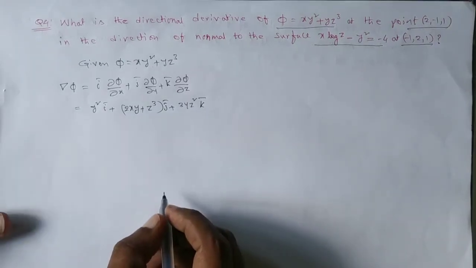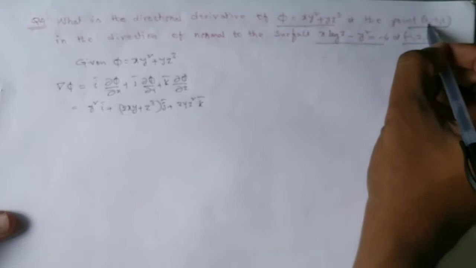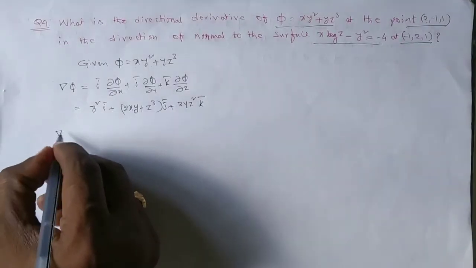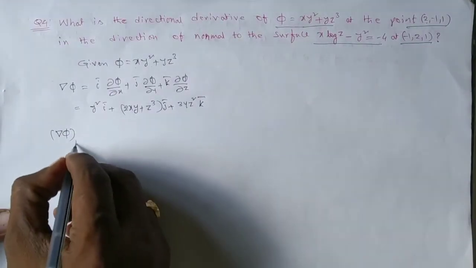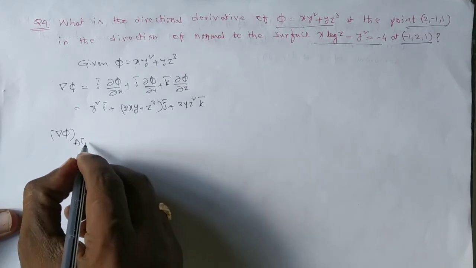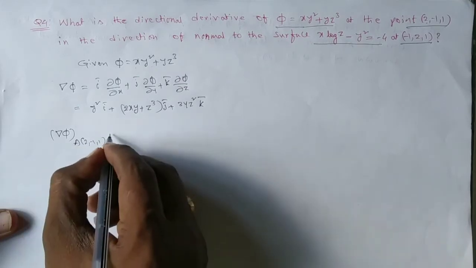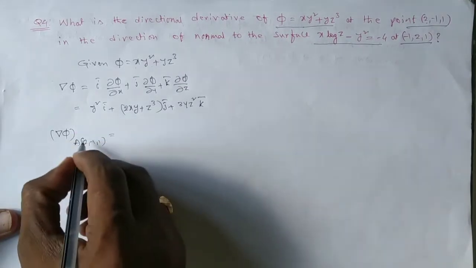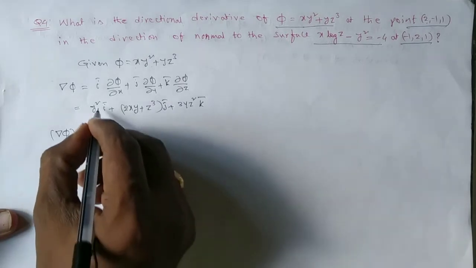Now we have to find the directional derivative of this function at this point. So I just calculate gradient of phi at A, that point where it is required, 2, -1, 1. That equal to, we just substitute 2, -1, 1 in this function.